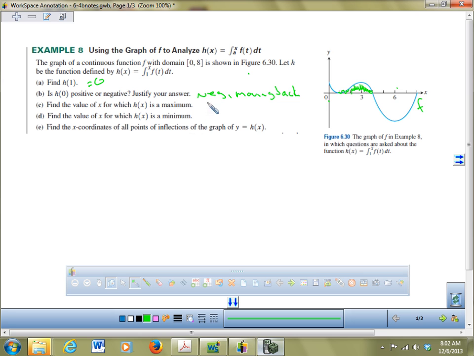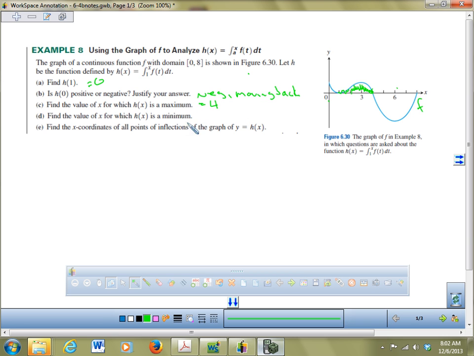So you're taking into account whether it's negative or positive. Do you guys understand why 4 is the maximum of h? Because now if my integral is positive, I start subtracting rectangles. You just have to be able to see that.